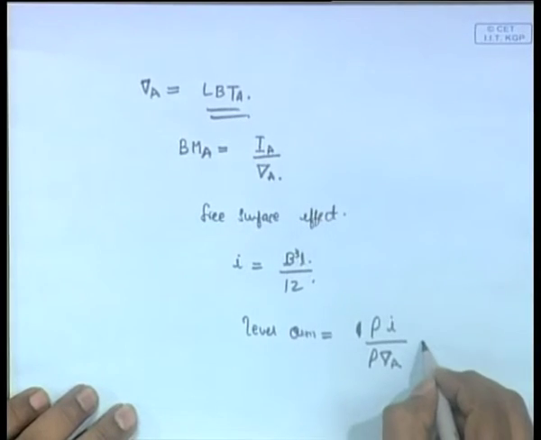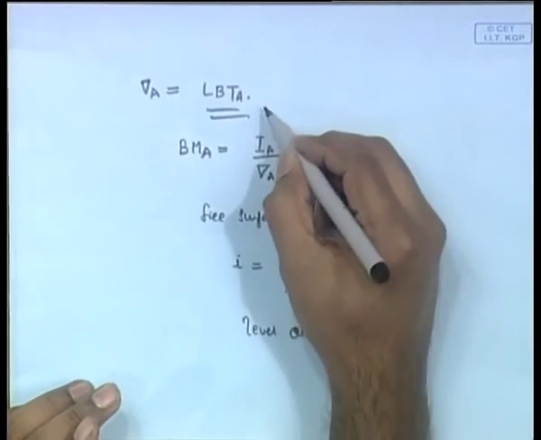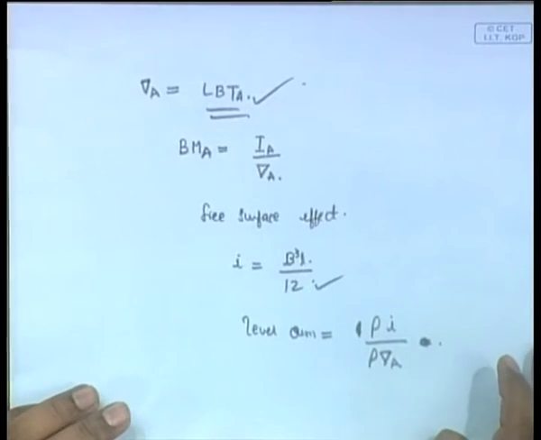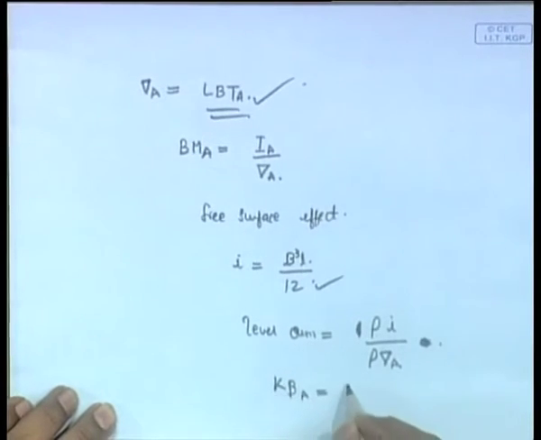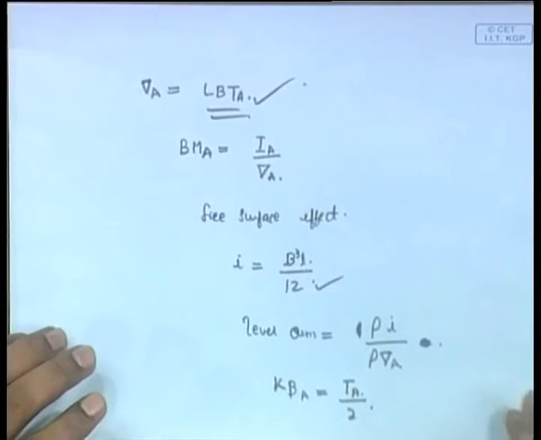So, this I you know, del A also you know. Once you know this, this much of lever arm exists, and the final KB is the same as in the previous case. It will be T final divided by 2. Okay. This is the final KB of the ship.